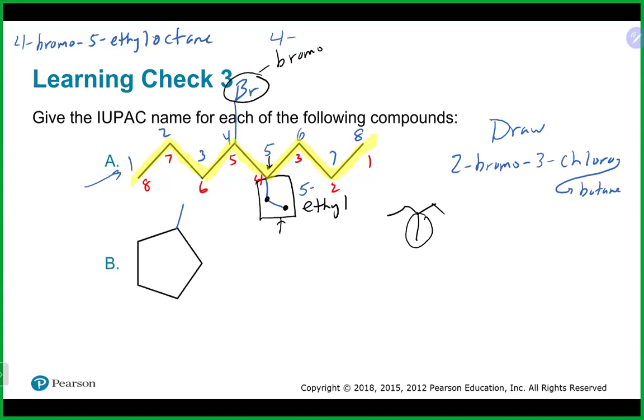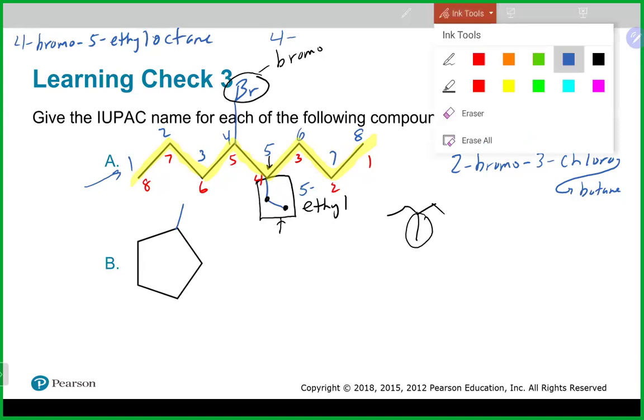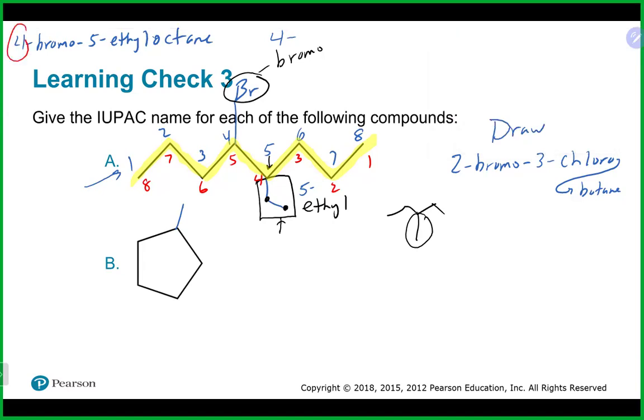So that's what those numbers represent, if that's what you're asking, like the 4 and the 5. Basically, what you're saying when you name this is if you go to carbon number 4, you should find a bromine there. If we go 1, 2, 3, and 4, there's a bromine there.